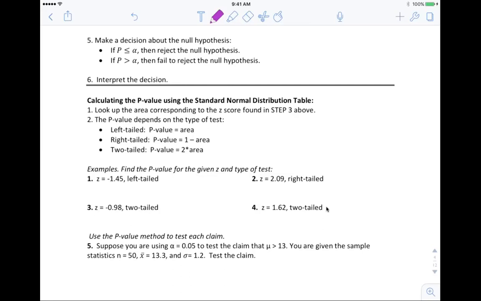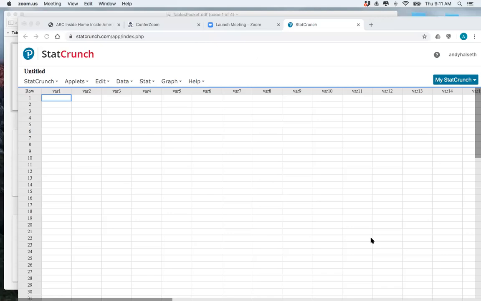I'm going to run through these 4 examples using the table. So let's look at that first one. Z is negative 1.45, and it's a left-tailed test. All right, let me bring my table up. And you're just going to look that number up in the standard normal table.